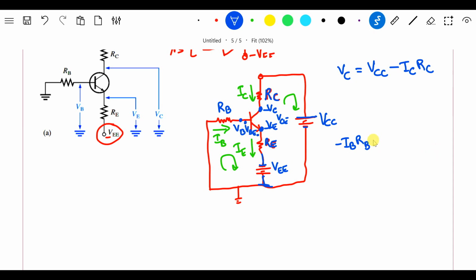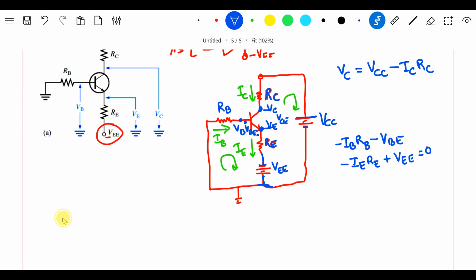So minus VBE minus IERE plus VEE equals 0.